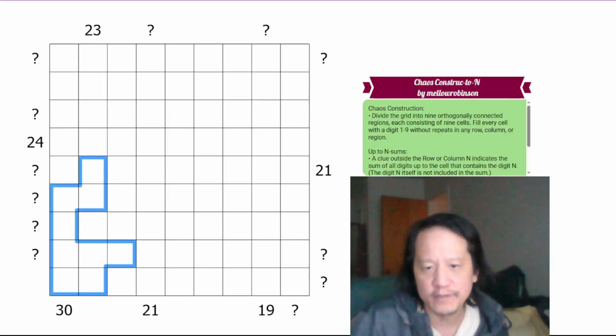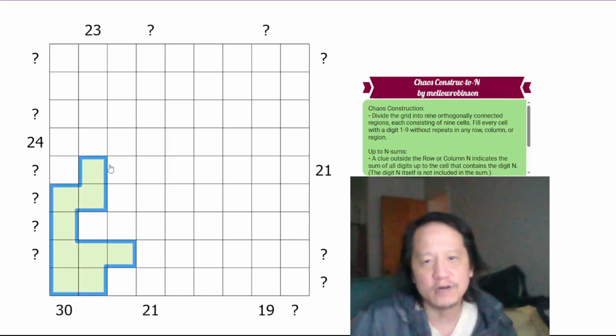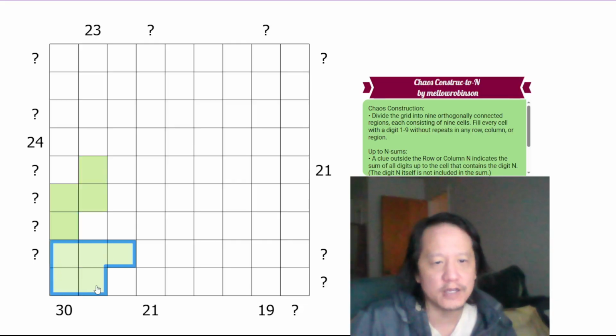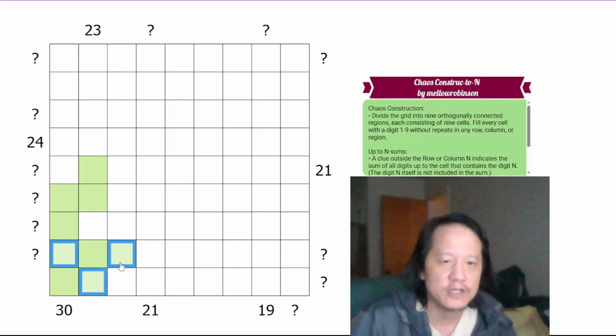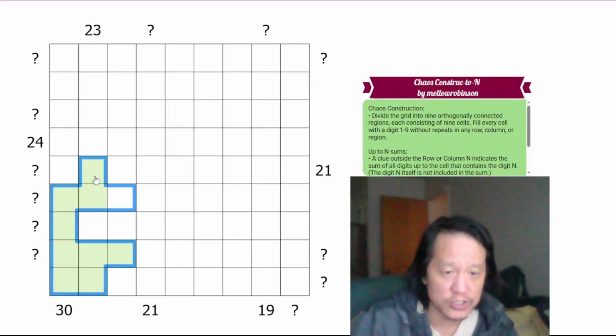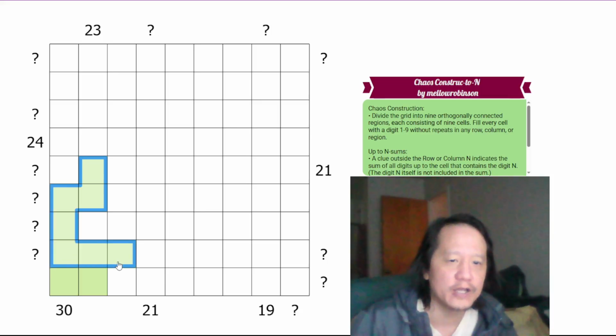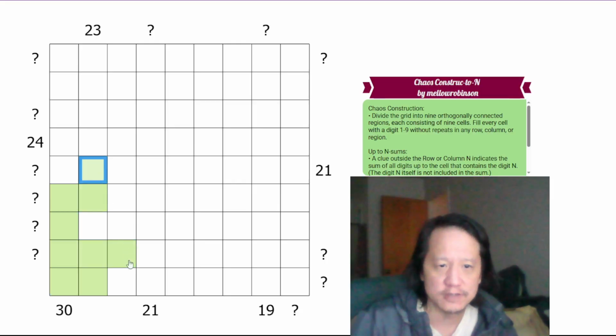This would be a valid example of an orthogonally connected region. What it means to be orthogonally connected is you can go from any cell in the region to any other cell in the region just by going through edges, all while staying within the region. For example, to get from this cell to this cell, you just go this way.